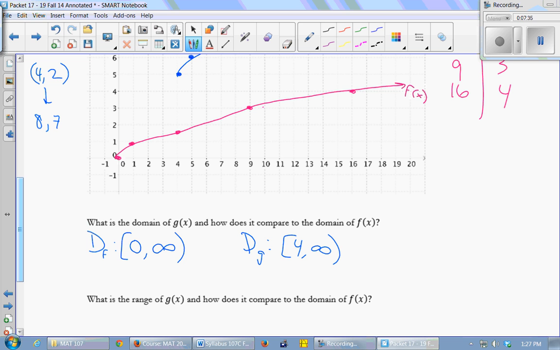How are those domains related to each other and the transformation that we did? Increased by 4, yeah. So the initial x value increased by 4. Infinity can't really increase by anything because it's not a number, it just keeps going to infinity. You wouldn't really write infinity plus 4 because that's just infinity.